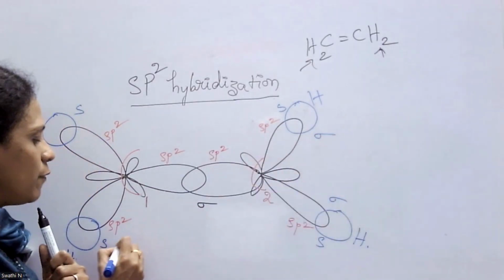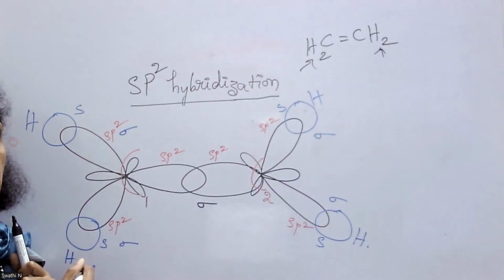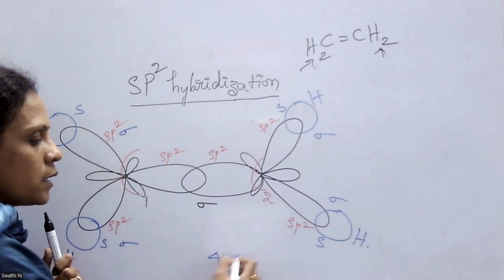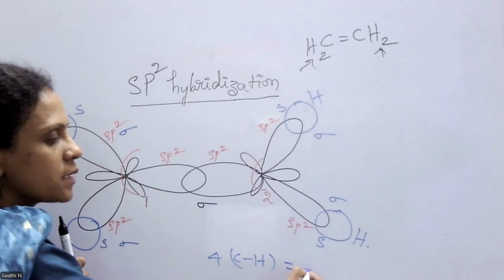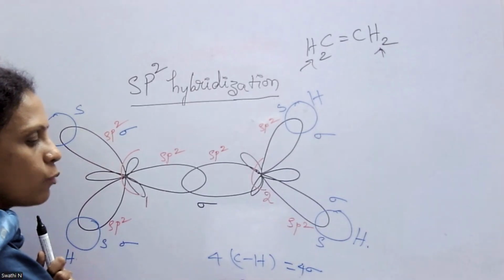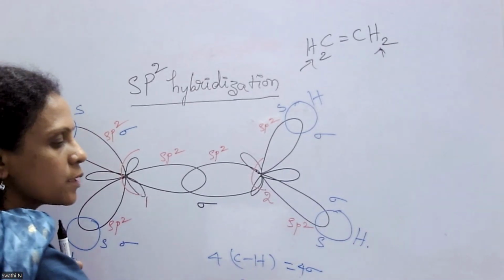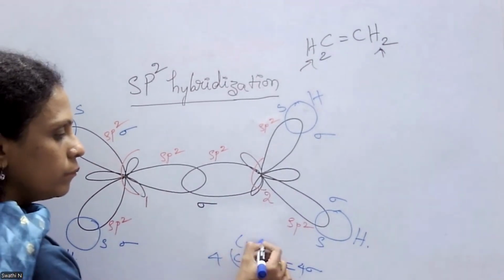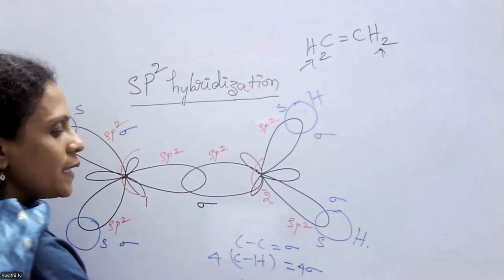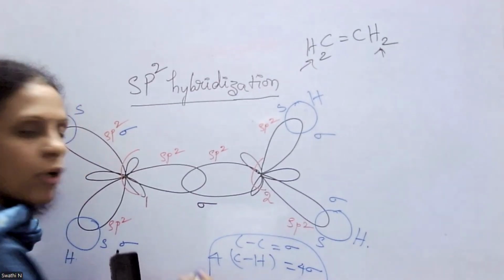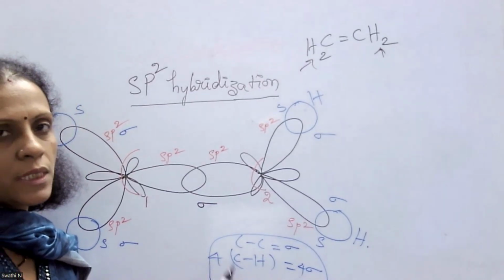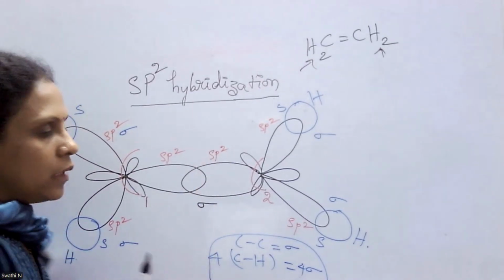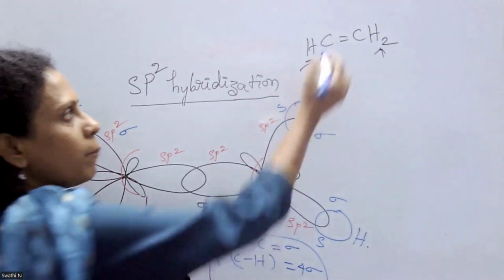So that is how there will be formation of 4 sigma bonds. There are 4 C-H bonds, which are sigma bonds, and there is one carbon-carbon bond, which is also a sigma bond. So all these 5 are sigma bonds. So there are totally 5 sigma bonds present in the structure of ethene. Now coming to the pi bond, there is one pi bond present.